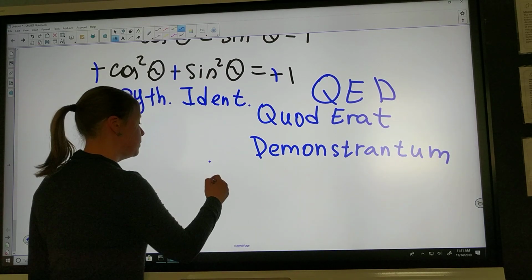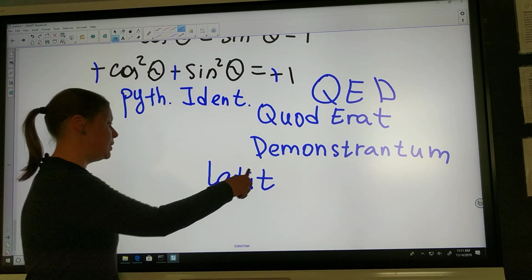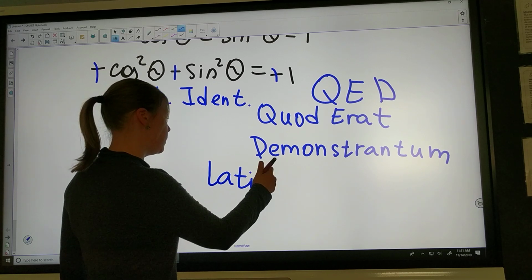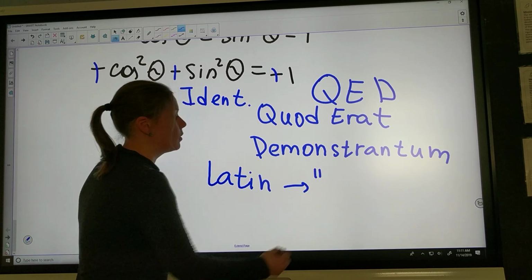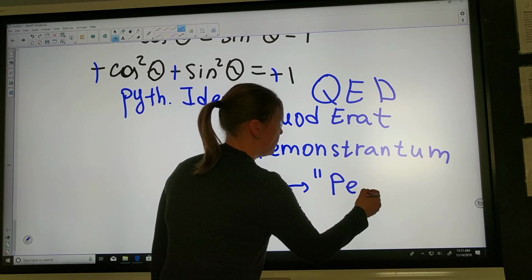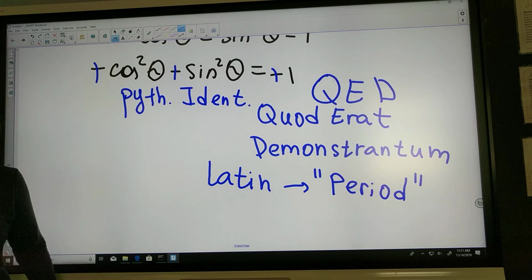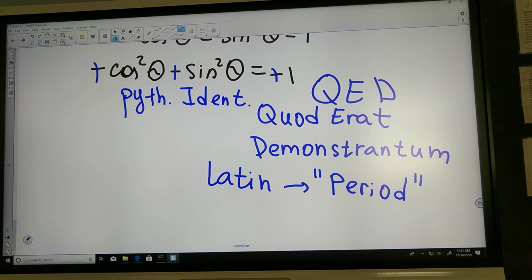That's from Latin. So the literal translation is period, or that what I had to prove. Period, or should I say quod erat demonstrandum? Yeah, that sounds better.